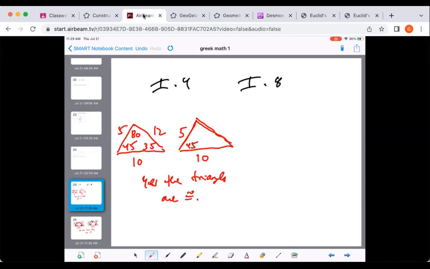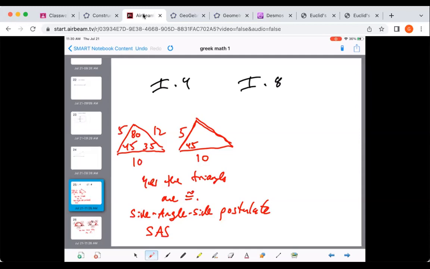And this is called, in math, the side angle side postulate, otherwise known as SAS. If you haven't studied geometry in many years, that's what SAS means.